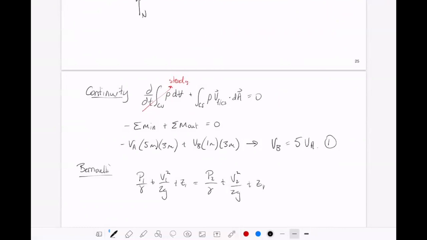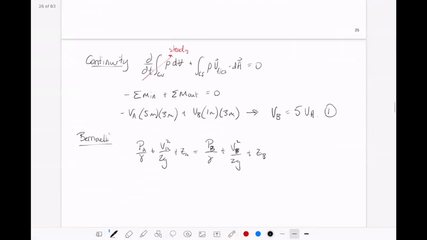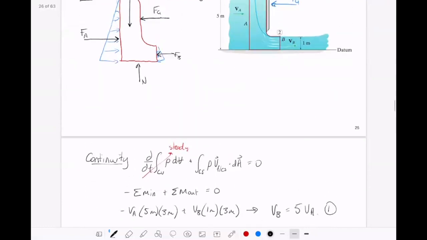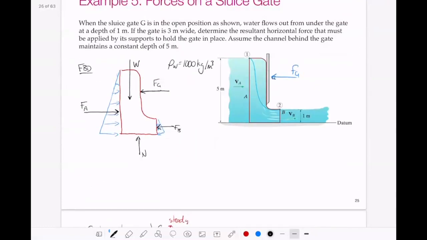I guess I should write this in terms of B. So we kind of have a hint given to us in this problem. We have point 1 for a fluid element along the surface and point 2. So if this is our streamline, pick a point on the surface at both points, then our pressure for both of those is the same. It's atmospheric pressure, so our pressure is just 0.